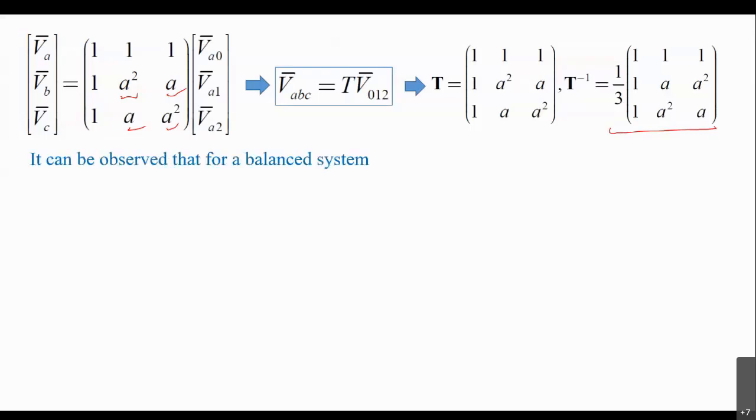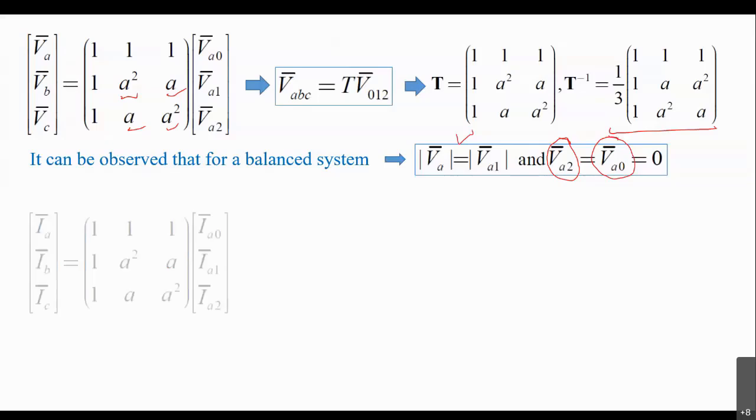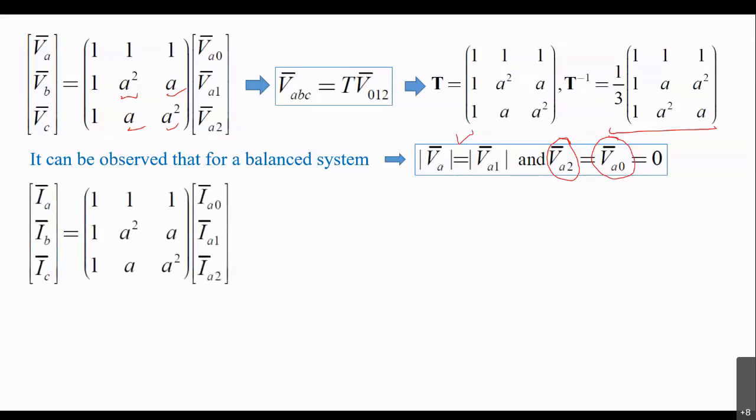So it can be observed that for a balanced system, the negative sequence component and the zero sequence component will become 0. Only the positive sequence component will remain, which will be equal to the phase voltage of the system.